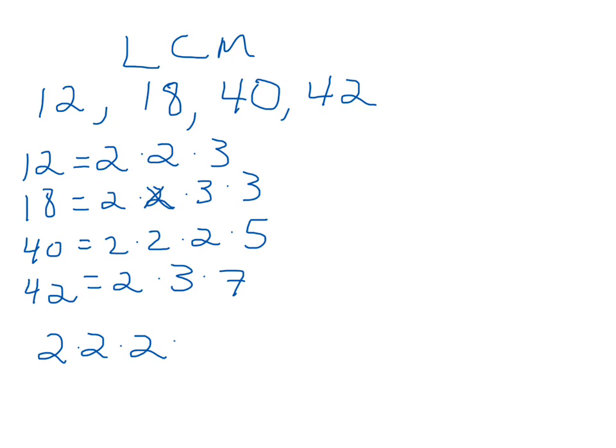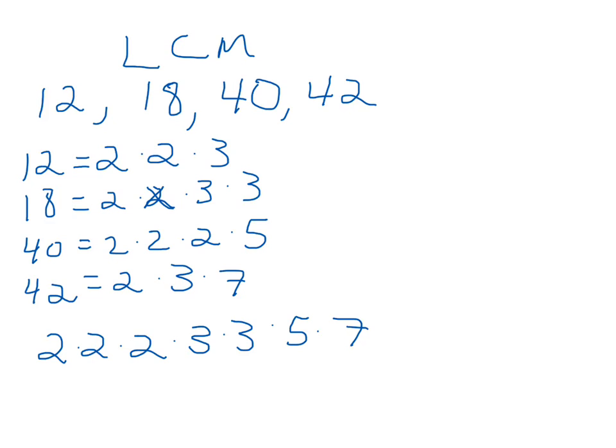The most number of times it appears is twice, so we put it in twice: 3 times 3. And then 5 appears once, and 7 appears once, so we put in 5 times 7.